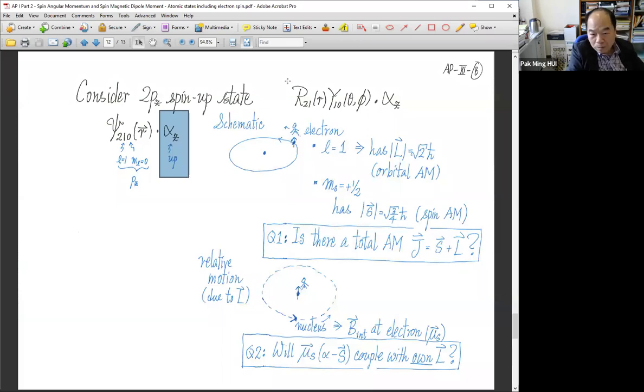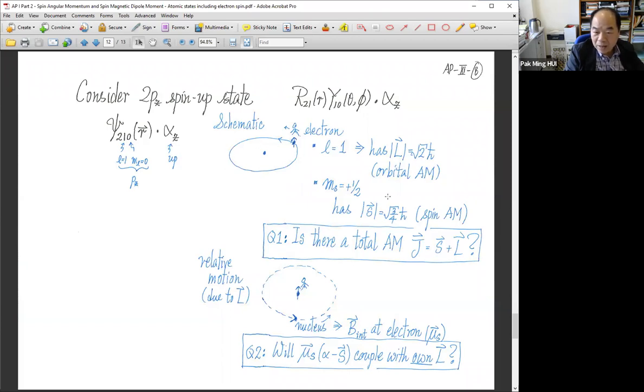In explicit form, we have this multiplied by a spin part. In the physical sense, since L is 1, the orbital angular momentum is not 0, it's finite, square root 2 h bar. We can think about it as follows. This electron is orbiting around the nucleus. Okay, L is 1, not 0 at least.